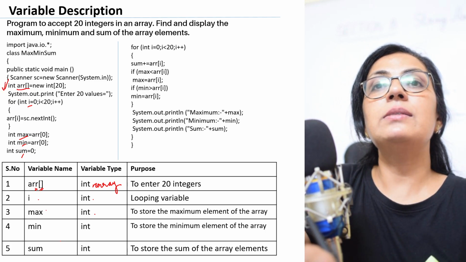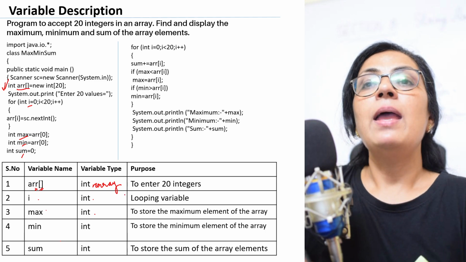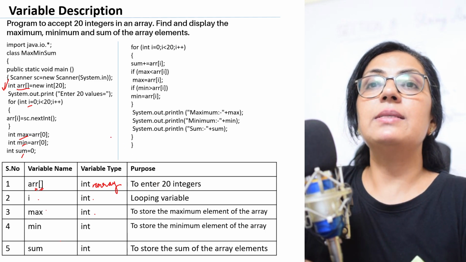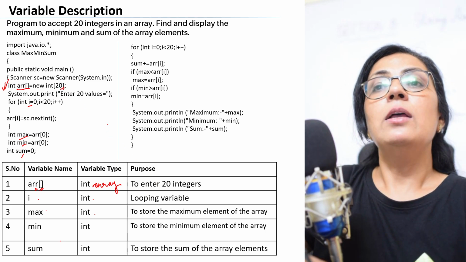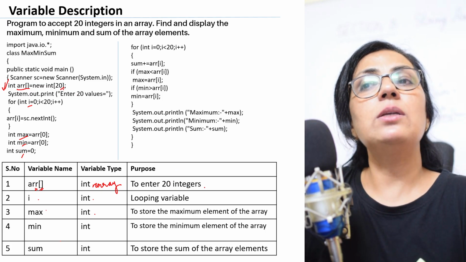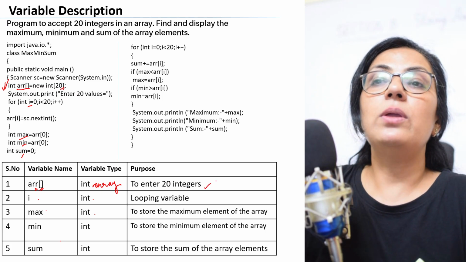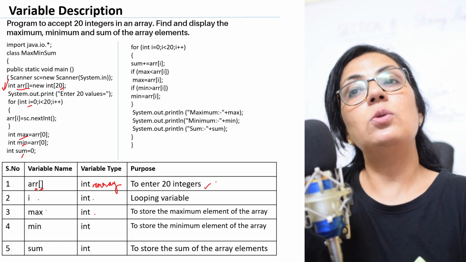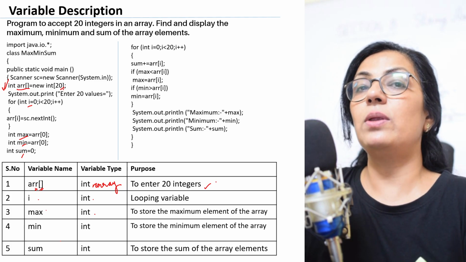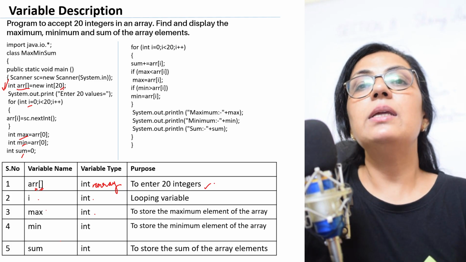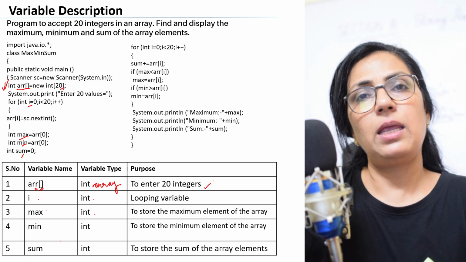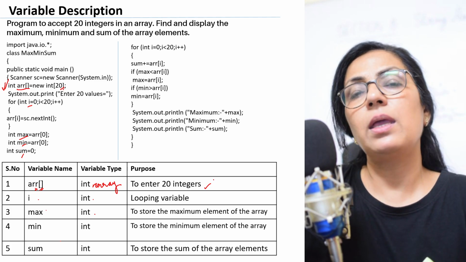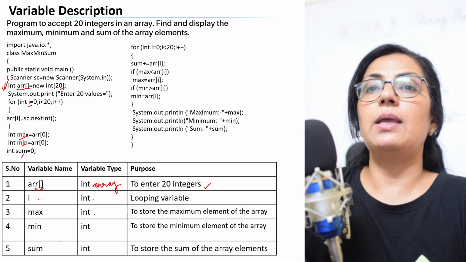It is declared as an integer array. And what is the purpose? The size is given as 20 here, so I have written the purpose: to enter 20 integers. You can write to input 20 integers, or to accept 20 integers during the execution, or to input 20 integers from the user. Anything you think is okay, you can mention that, right?